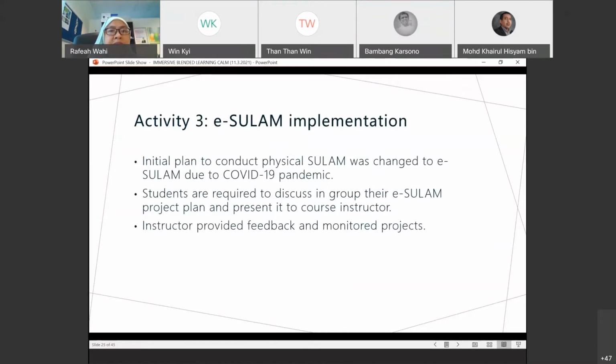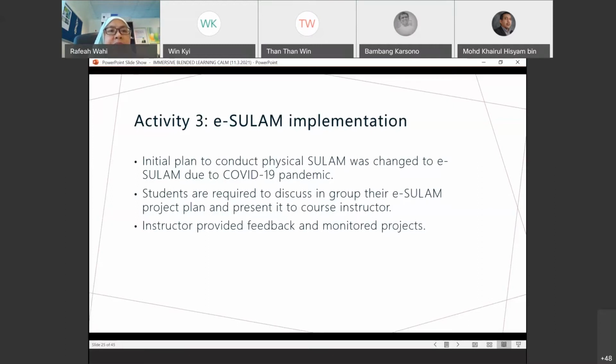All right. So because COVID-19 is something that everyone faces, something that is out of the students' control, out of the instructor's control, we let the students discuss what are the next plan for them to reach the goal that they want. The goal is they need to conduct an e-SULAM. So what is their plan? We let them discuss, and they present it to the course instructor, and we give feedback because for SULAM, for service learning implementation, there are some criteria that must be fulfilled.